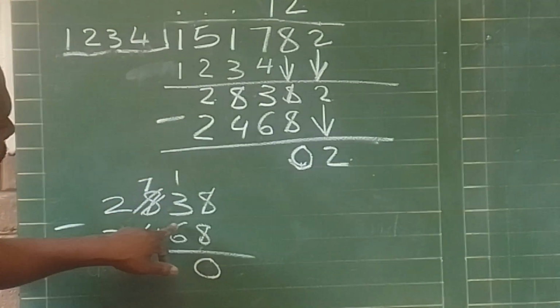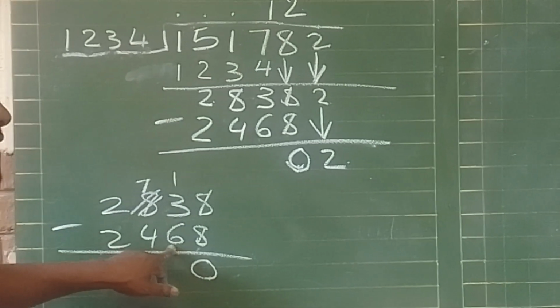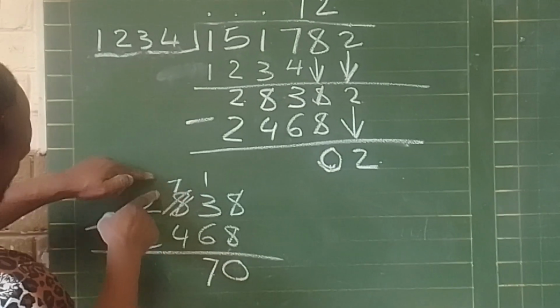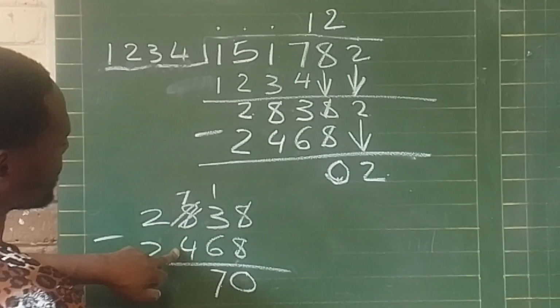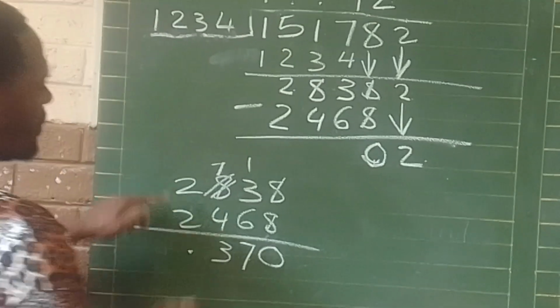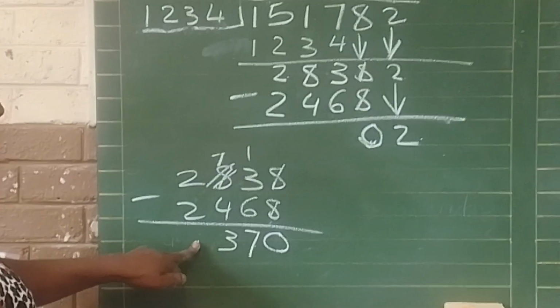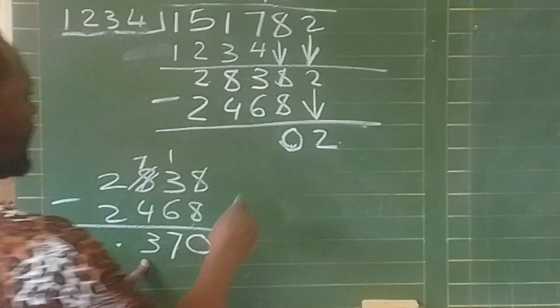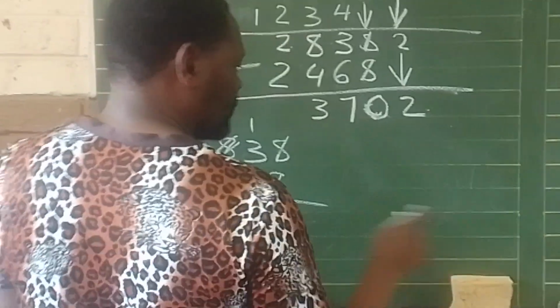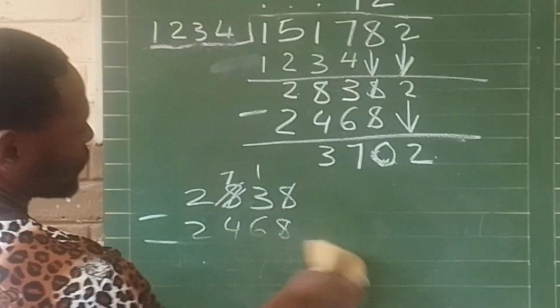You come with a 1. So it's 13 subtract 6, it's 7. 7 subtract 4, it's 3. 2 subtract 2, it's 0. So you have 370. Right? I'm checking this off.